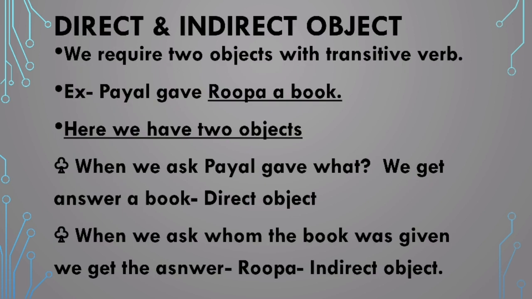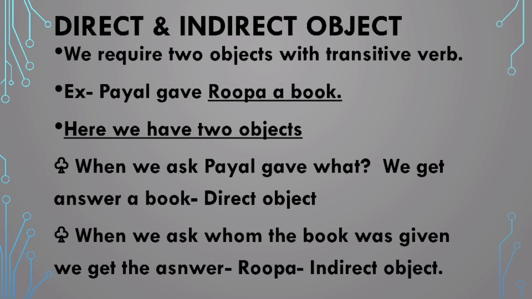Students, now we are going to talk about direct and indirect object. Now, we require two objects with a transitive verb, like Payal gave Rupa a book. Payal gave Rupa a book. Here we are having two objects, students. First one, when we ask a question, Payal gave what? Payal ne kya diya? So what will you get as an answer? Book.